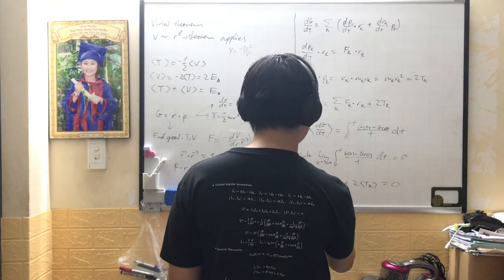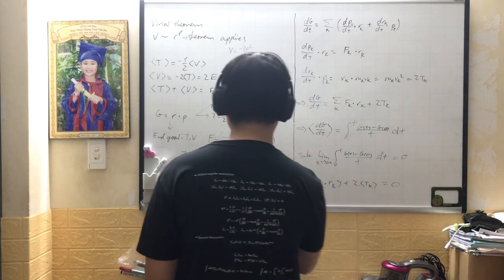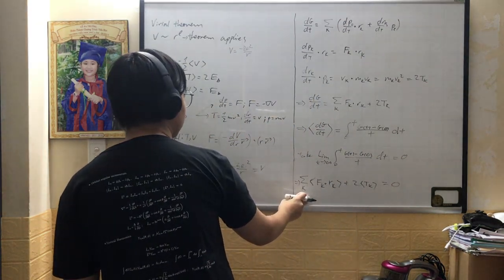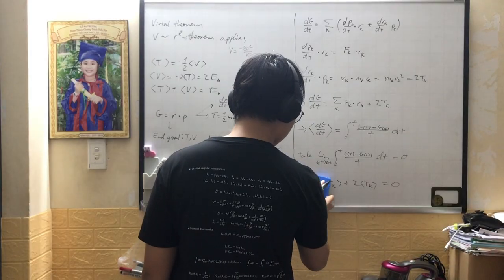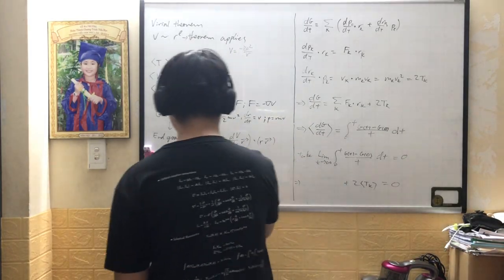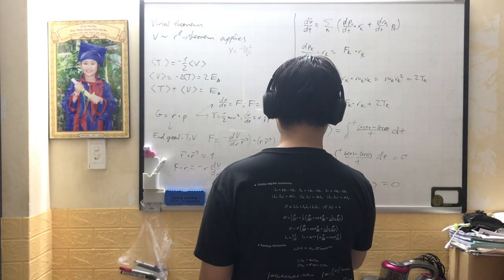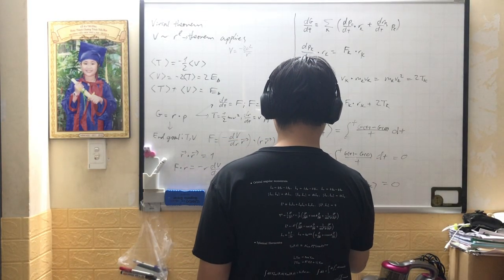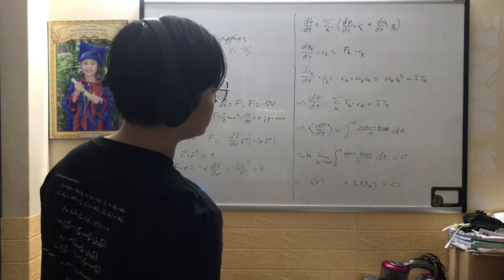Okay, so that means we already have what we need. This sum can be put away. Just put it back into F and r. So now this is the bracket V plus 2T.